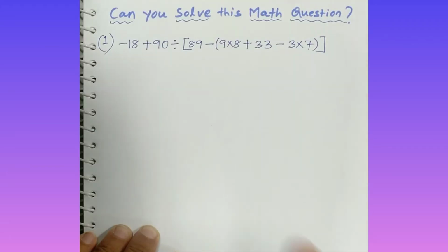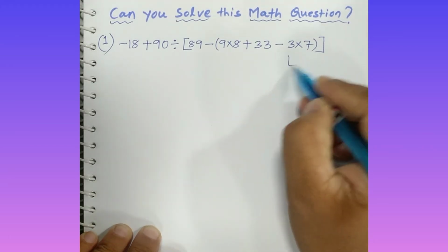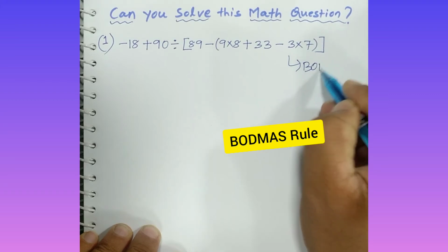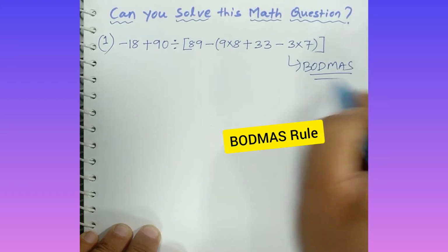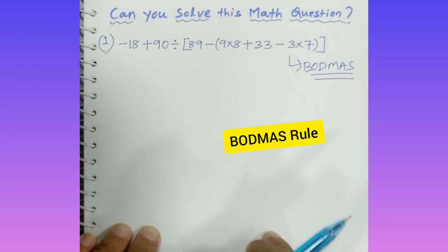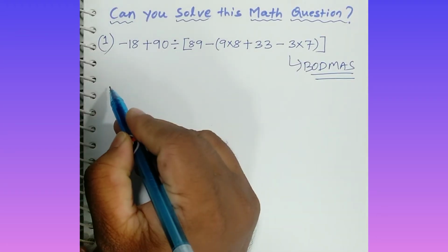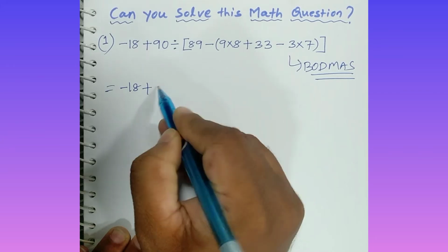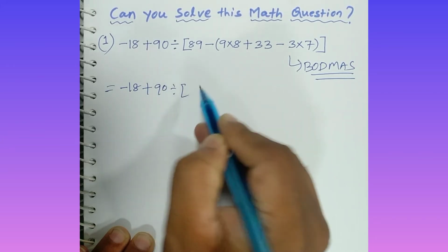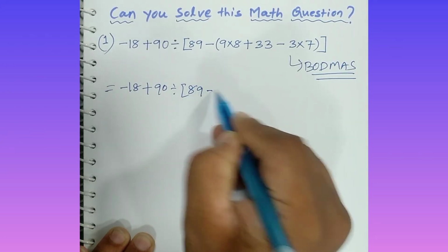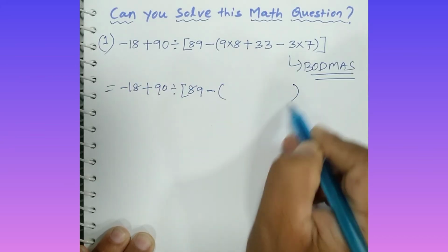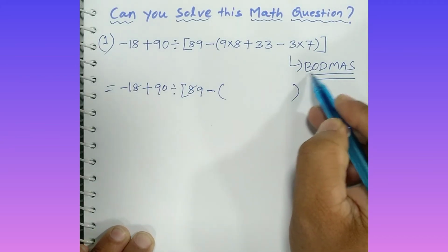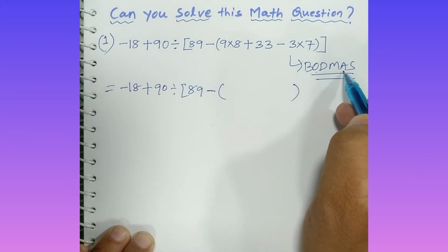Okay students, can you solve this math question? This is a simplification question, so you have to apply the BODMAS rule. How can you solve this kind of question? Look here, I am simplifying. BODMAS: brackets, of, division, multiplication, addition, subtraction.